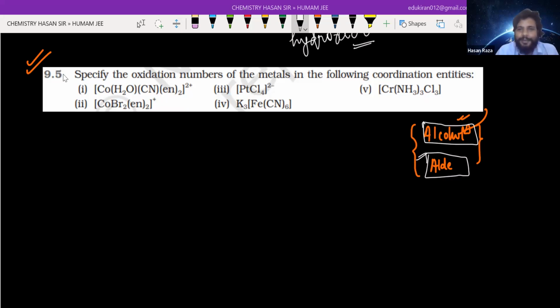This is a question for oxidation number. Is it aqua cyanato bis(ethane-1,2-diamine), or ethylenediamine, cobalt 3? That is also good.